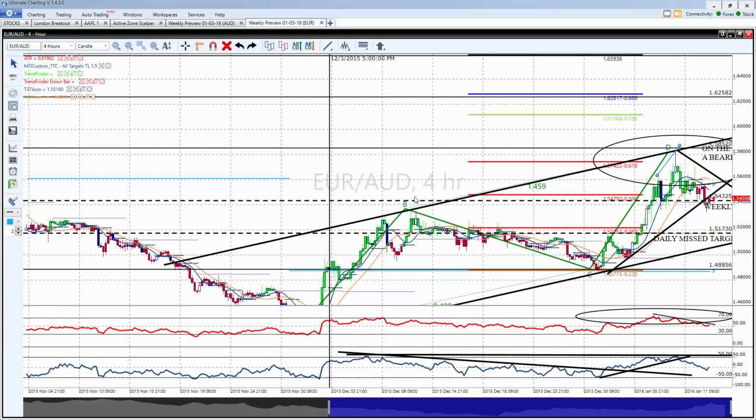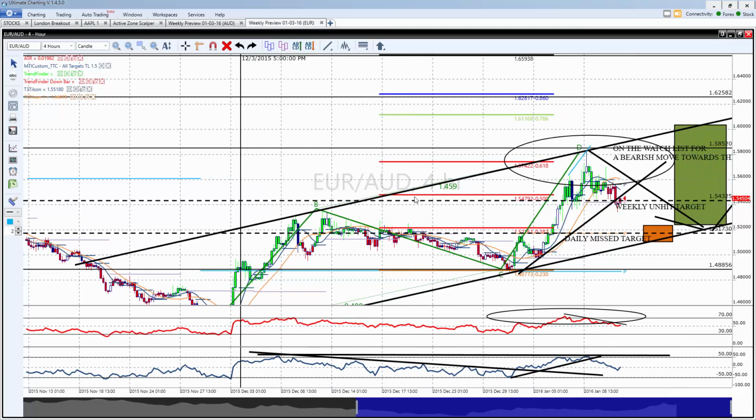Change color here. Okay, so there's a divergence right there. So it will likely travel down to where I'm hoping it will bounce from. So we'll watch it carefully, okay?